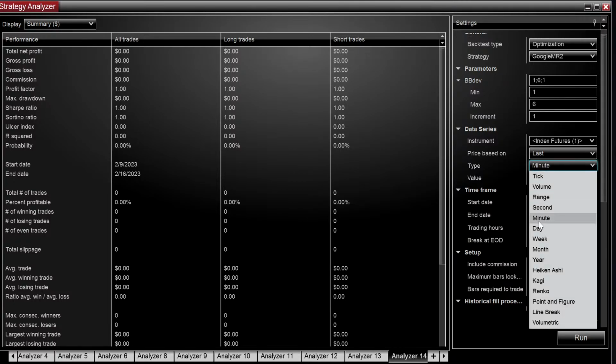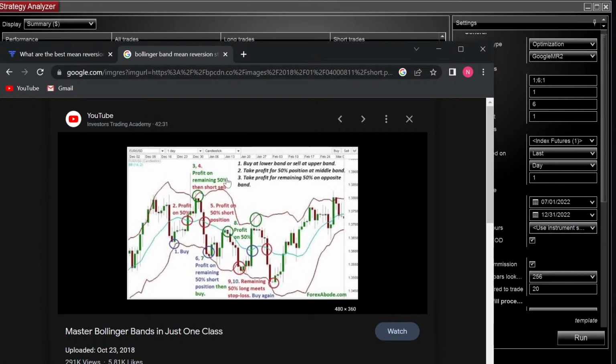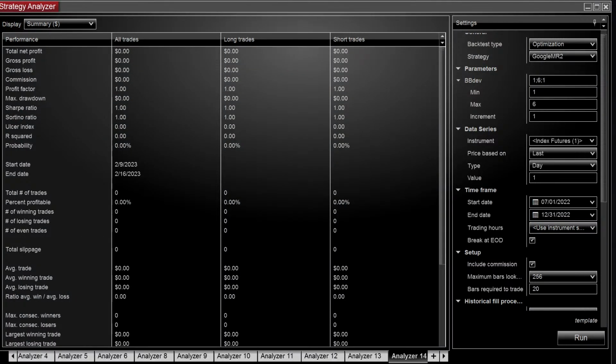No, let's do the daily. Let's do it because that's on the screenshots. He actually is doing this on the daily chart. Because mean reversion, to get the win rate you want, the mean has to be pretty close. Like if you're looking at just the candles, the mean looks very close.